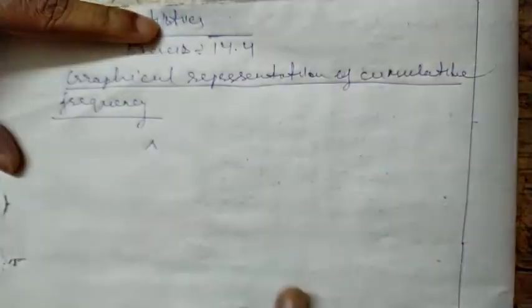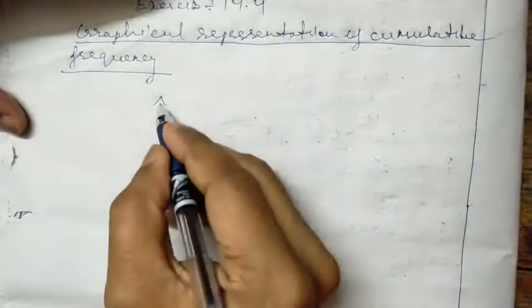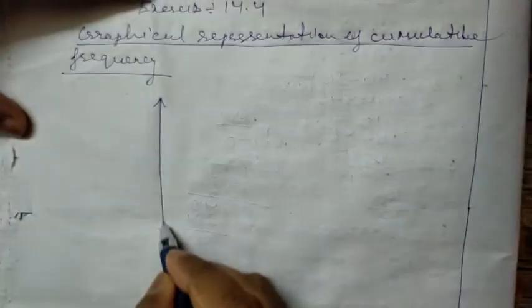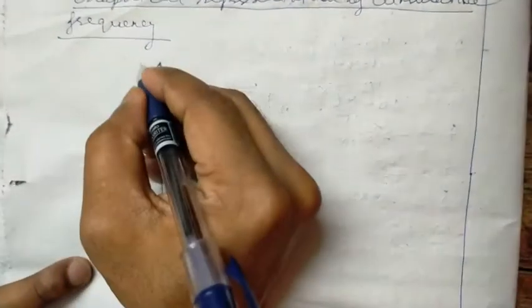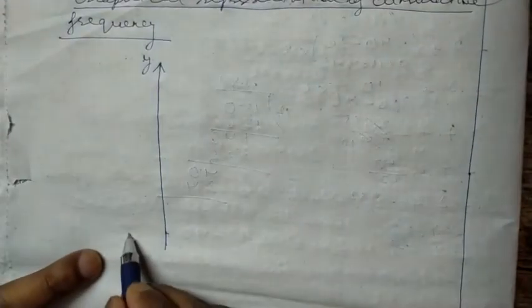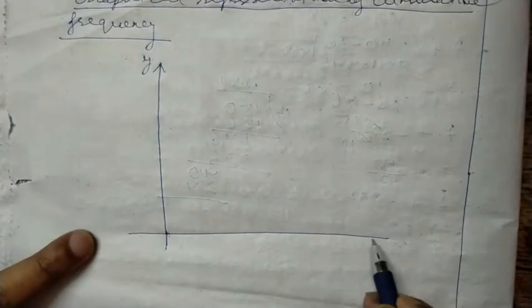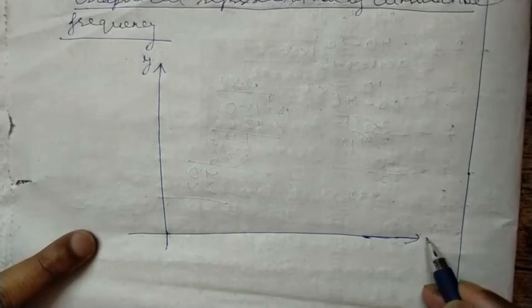Suppose this is a graph paper. This is the y-axis and this is the x-axis.